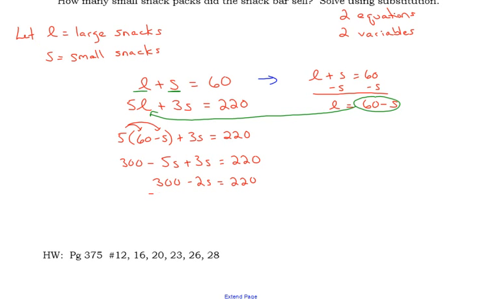I'm going to subtract 300 from both sides, and I get negative 2S equals negative 80. Divide both sides by negative 2, so S is equal to 40. What that means is that I sold 40 small snack packs.